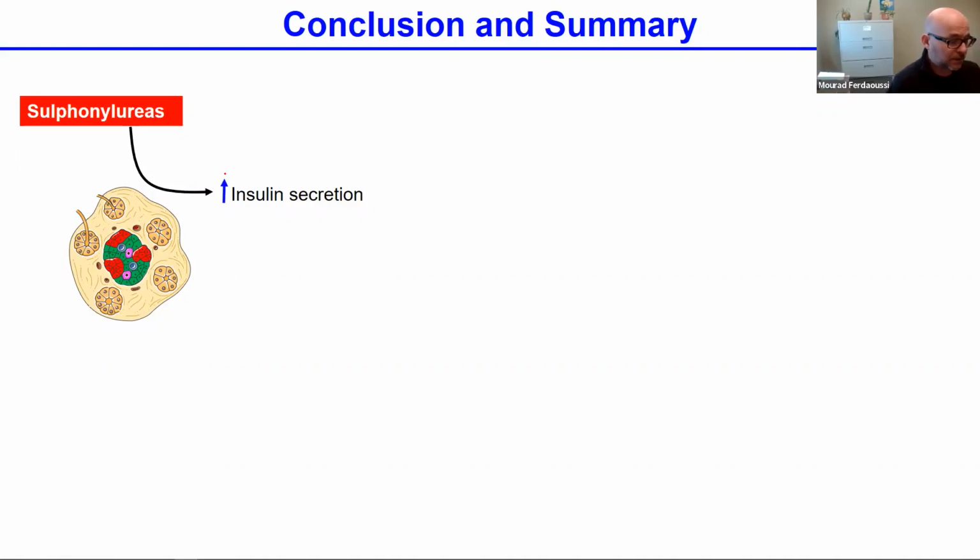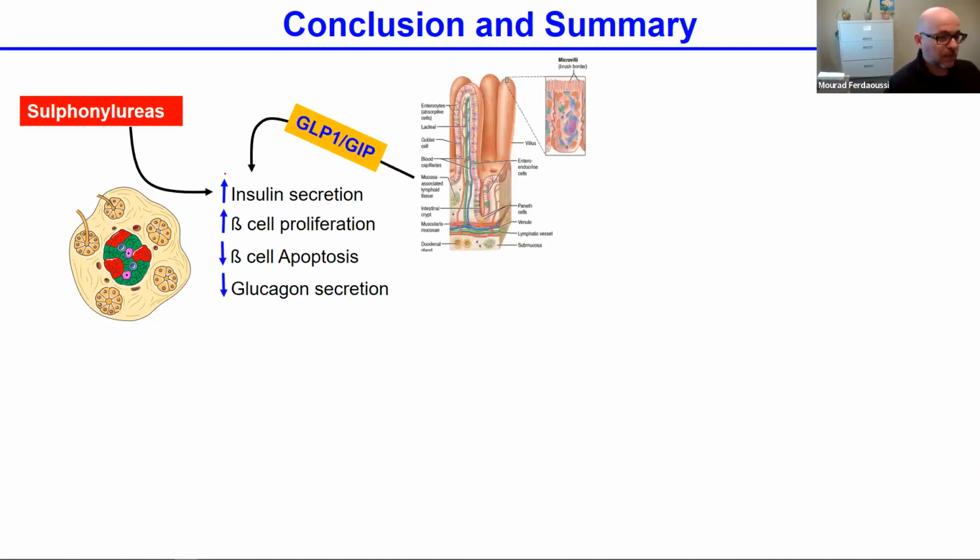And since then, different classes of anti-diabetic drugs have been developed, like the GLP-1 and GIP agonists, co-agonists, or triple agonists, that increase or potentiate the insulin secretion. There are some studies showing that they also increase beta cell proliferation.